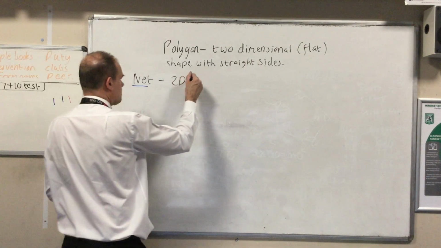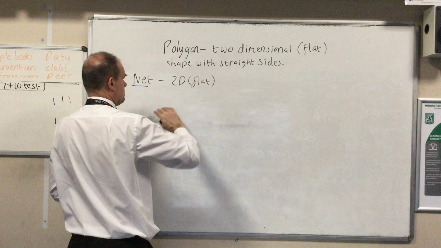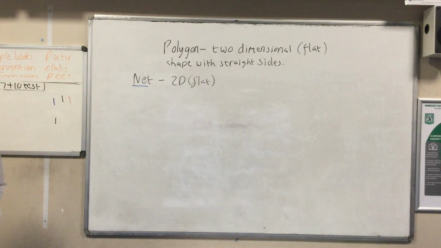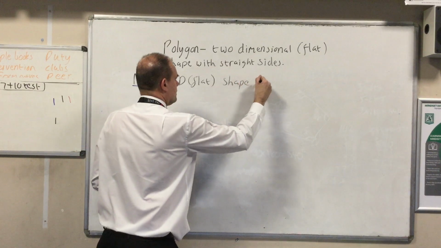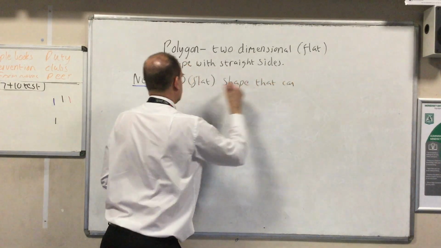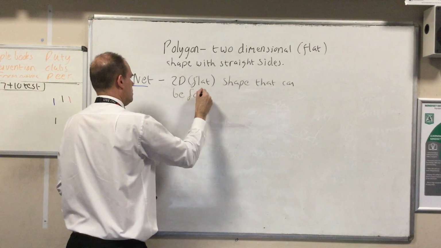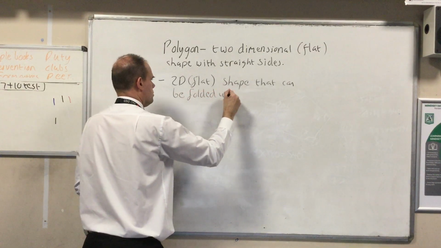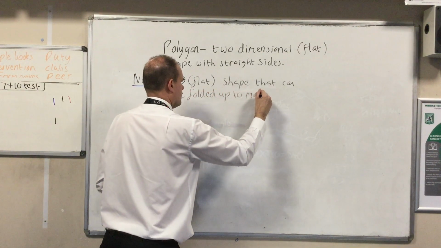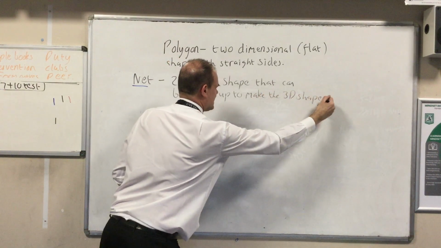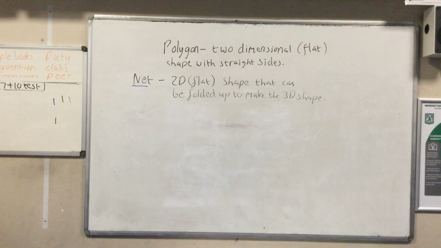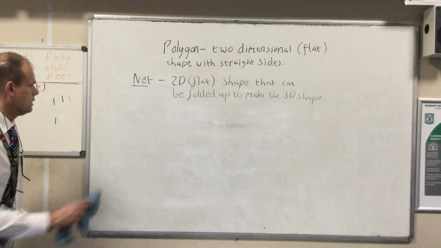So it's a 2D flat, you know, 2-dimensional means flat, okay, flat shape that can be folded up to make the 3D shape. That is the real definition of what a net is.